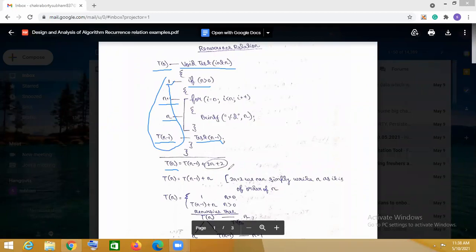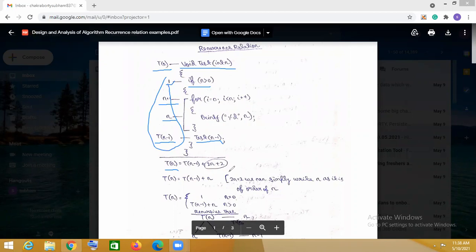Now you see 2n plus 2 is like a polynomial form. If you remember in the frequency count method, I have shown that if there is a polynomial form, we take only the highest order of n and omit the other values.